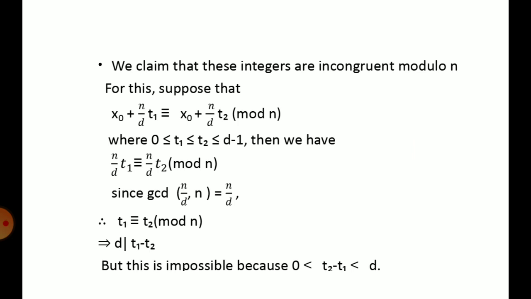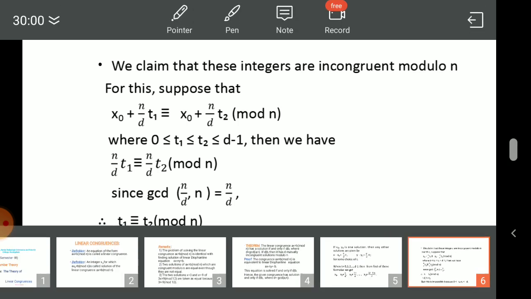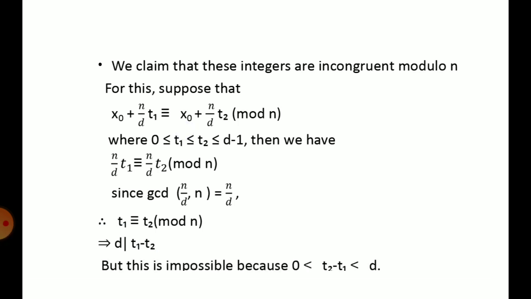So why do we get a contradiction? Because our assumption is that these two values are congruent to each other. But if we consider them congruent, we get a contradiction, and therefore x0 plus n/d t1 is not congruent to x0 plus n/d t2 mod n.